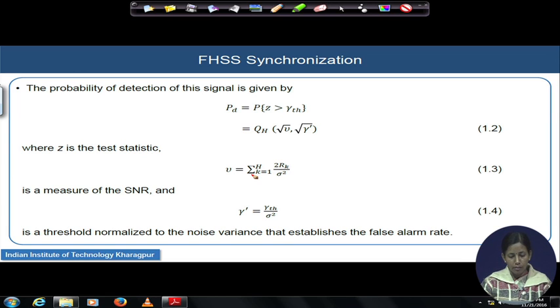Similarly, gamma dash is the normalized value of gamma th, the threshold selected, and the normalization is done with respect to the noise variance or the noise power, because we did this step to minimize the false alarm probability. Hence finally the detection probability becomes a function of this normalized threshold and the total SNR values, and it can be well approximated by the Q function.